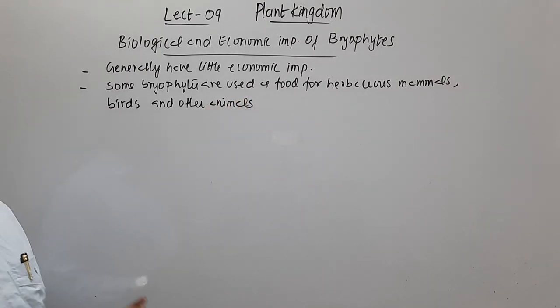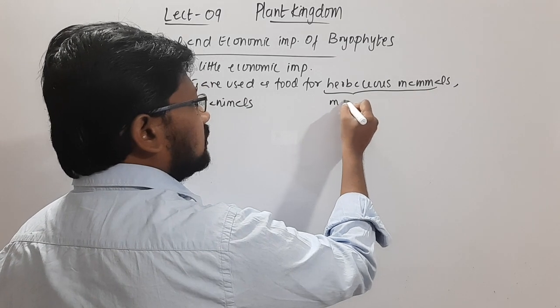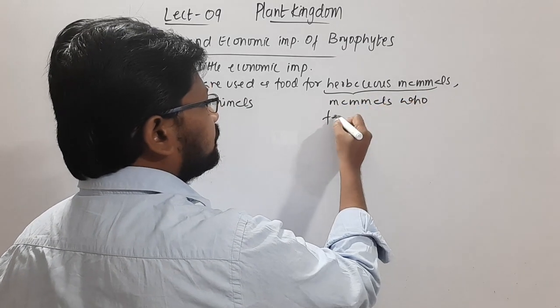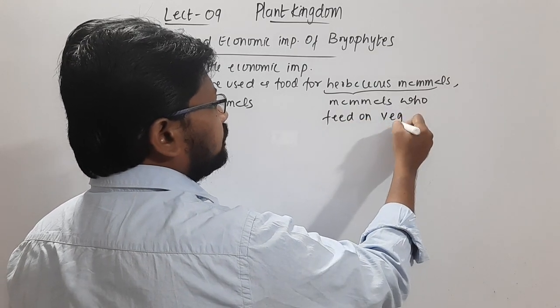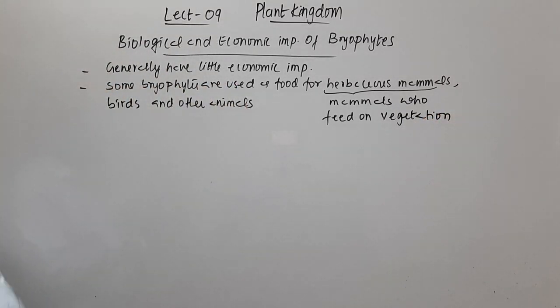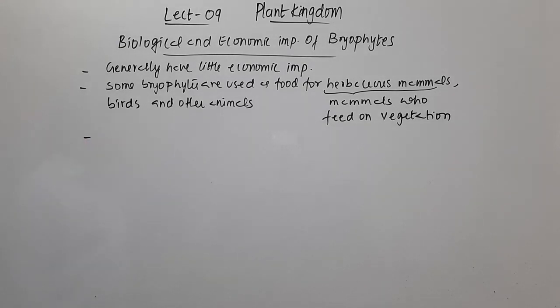Here, herbaceous mammals means the mammals who feed on vegetation. So mammals who feed on vegetation are called herbaceous mammals. So some species of bryophytes are used as food for herbaceous mammals.